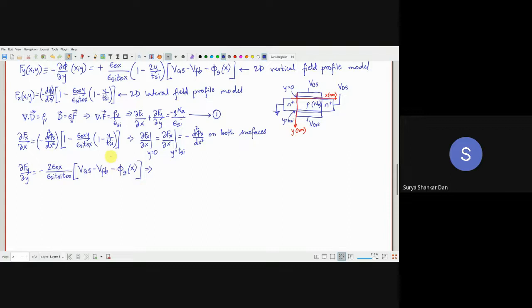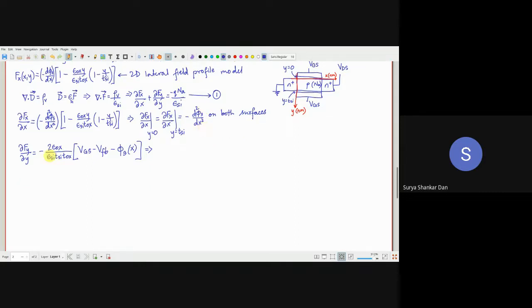Okay, now remember in the case of our conventional MOSFETs we simply ignored this term. Okay, so this term was ignored because why? Because the rate of change of the lateral field with respect to x was very, very less compared to the rate of change of fy, vertical field with respect to y, because of long channel approximation. So if you do not have a long channel approximation, you have to include this term as well.